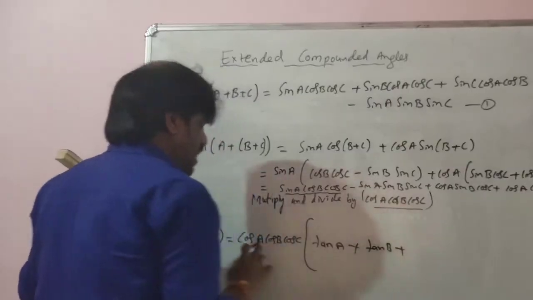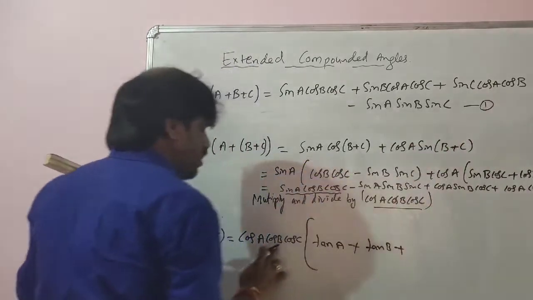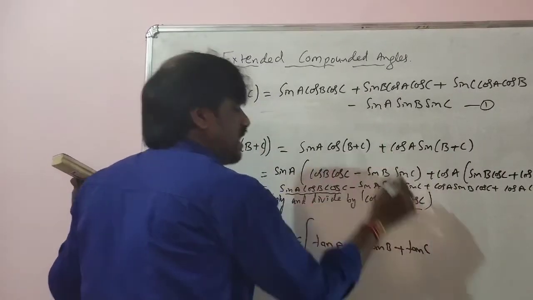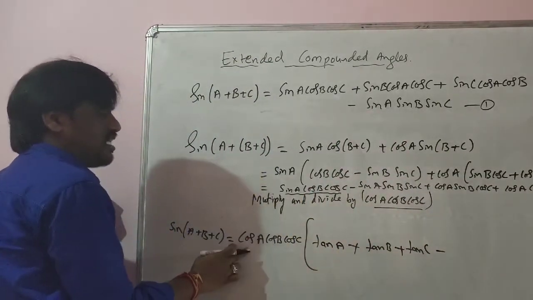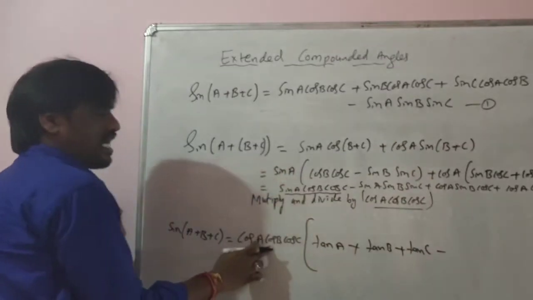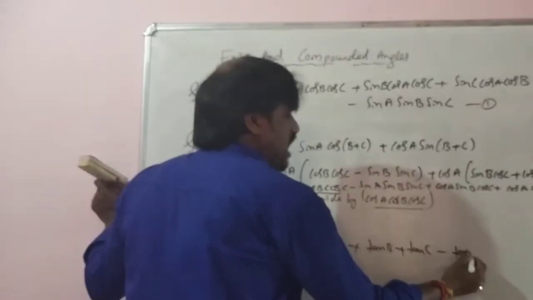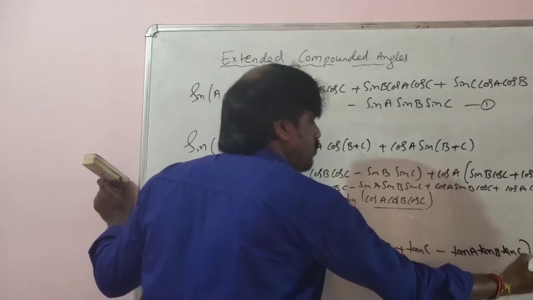Plus, dividing the next term, cos a and cos b cancel, and I get tan c. Minus, dividing the last term, sin a by cos a is tan a, sin b by cos b is tan b, sin c by cos c is tan c, so I get tan a tan b tan c.